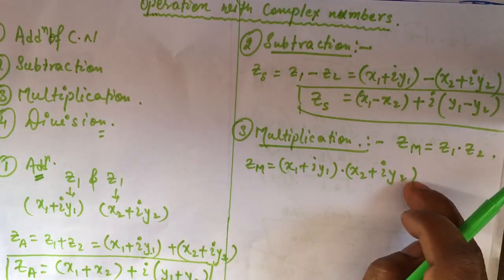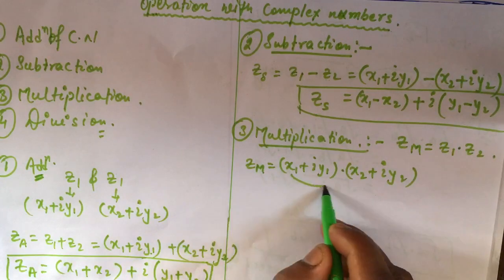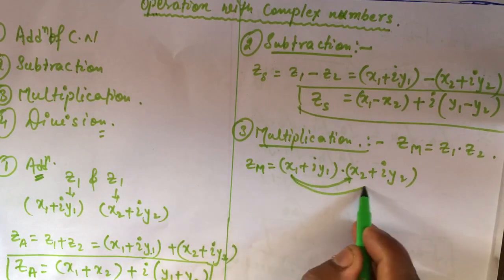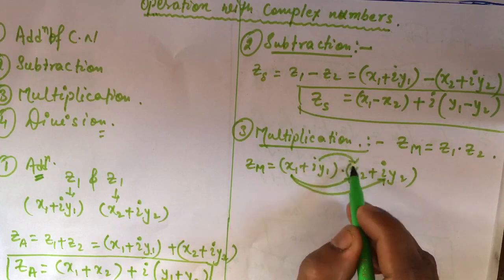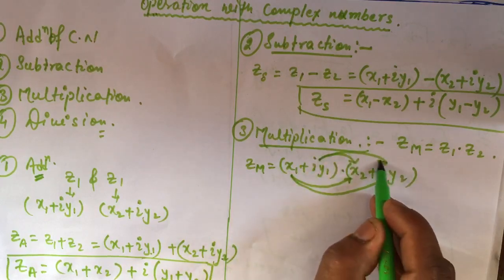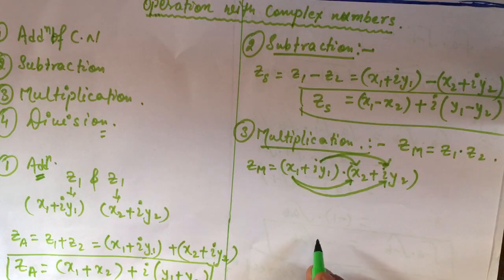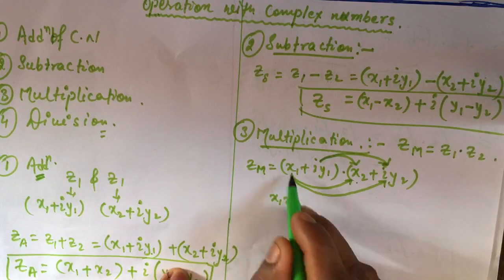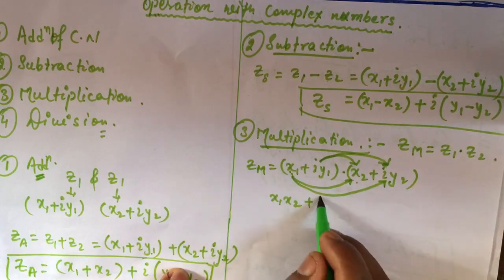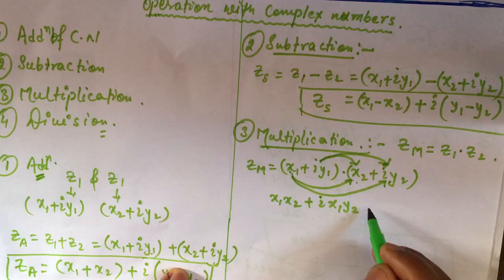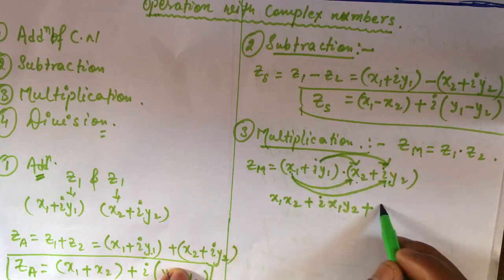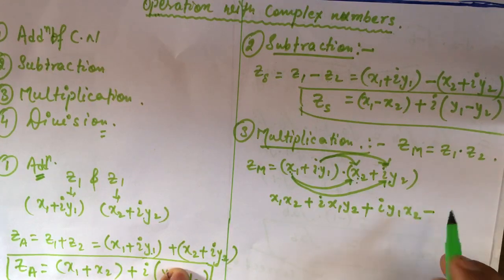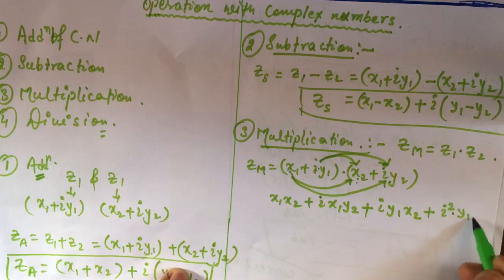So there is nothing different here. First we will multiply this by this, and again this by this, again this by this, and this by this. This is the multiplication format. So first it will be x1 x2, and this multiplied by this is i times x1 y2, plus i times y1 x2, plus this i times i becomes i square times y1 y2.